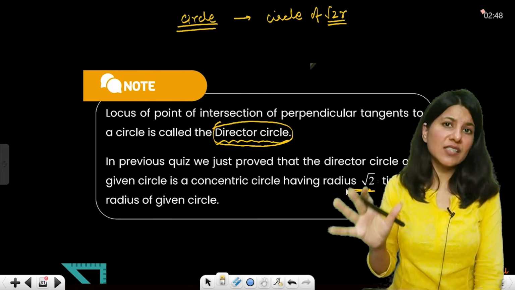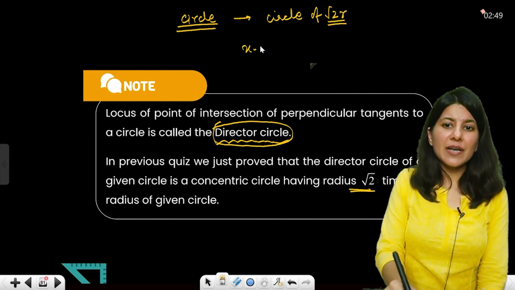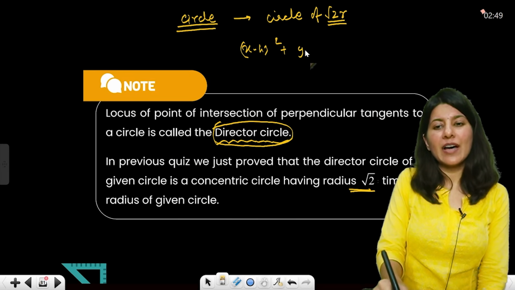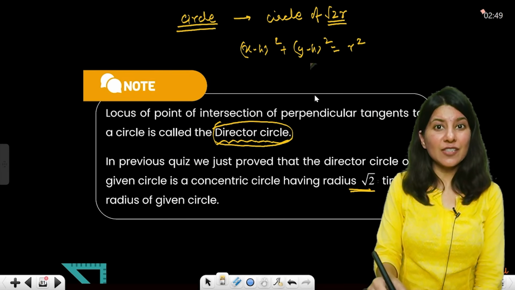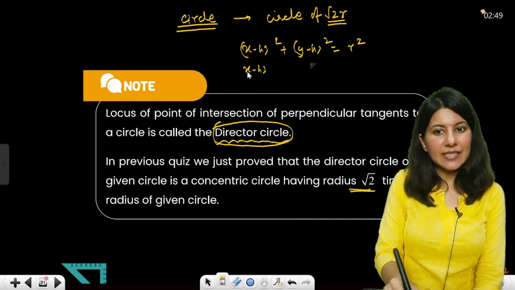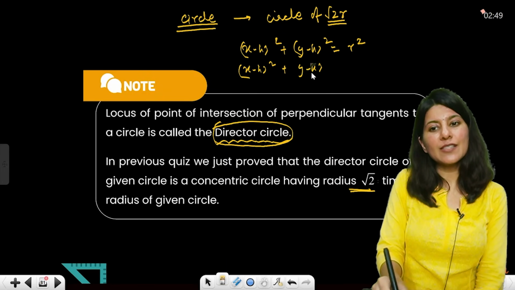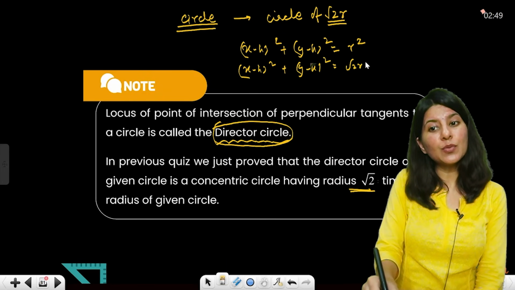So if any circle is given to you, suppose x minus h whole square plus y minus k whole square is equal to r square, the director circle of this will have the same center, x minus h, y minus k, but the radius will become root 2 times r.